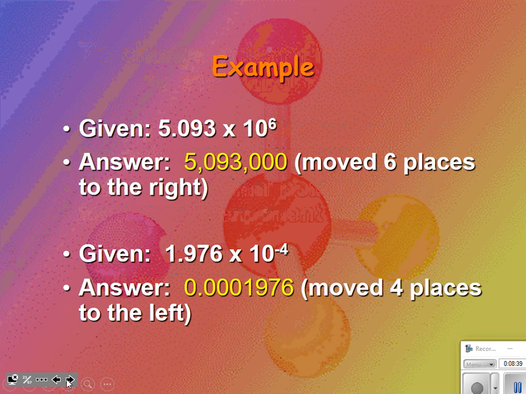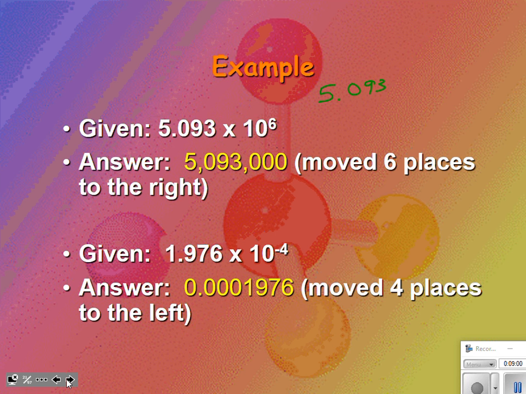So, if I have the number 5.093 times 10 to the 6.